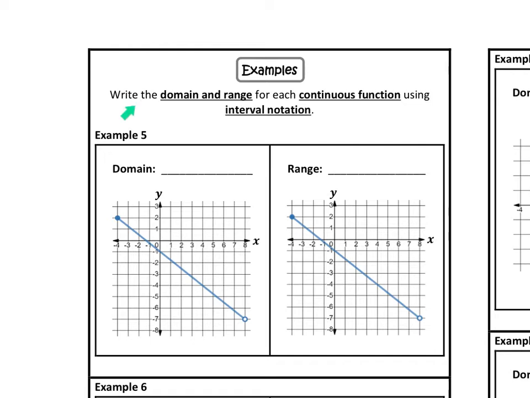In this case, it's asking us to write the domain and range for each continuous function using interval notation. Remember, we talked about continuous functions in the last video, and those are functions that you can draw or write out with your pen or your pencil without lifting your pen or pencil from the paper, right? I think that's how we defined it last time.